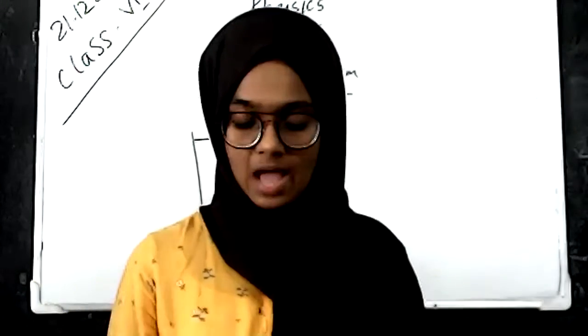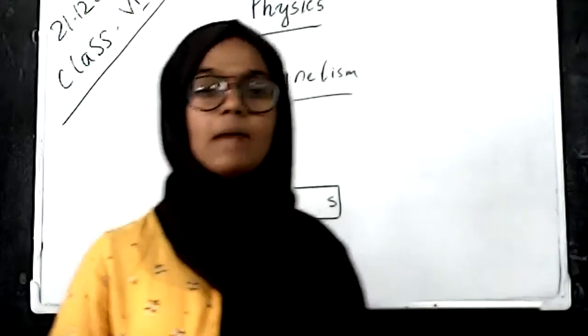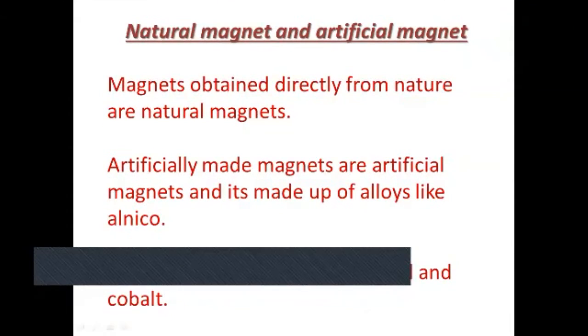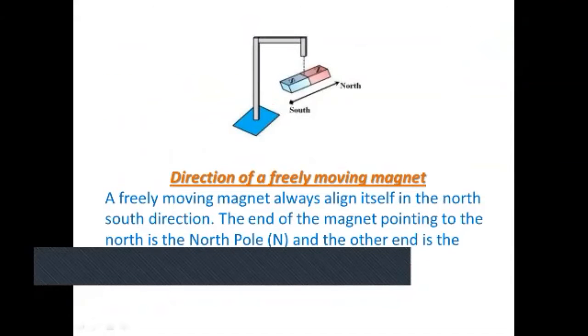A freely hanging magnet, and what is the property of that freely hanging magnet? Direction of a freely moving magnet: a freely moving magnet always aligns itself in the north-south direction.